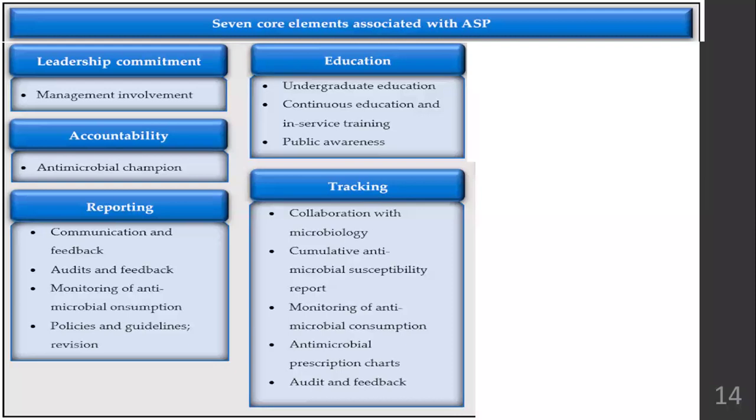Proper auditing and feedback. By doing all these steps one by one, you are automatically tracking the current situation. You can't do much right now, but you at least have awareness of what is going on. So in the next meeting, you can come up with certain changes that can be implemented.